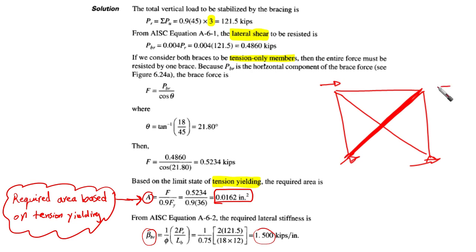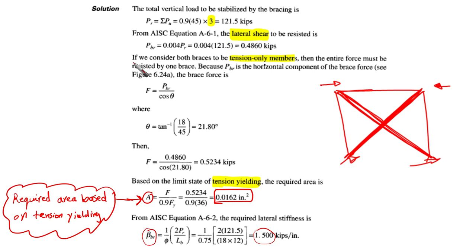And if it is going to move in the other direction, the other bracing is going to resist in tension. So we are going to neglect the contribution of the diagonal bracing in compression. All the lateral stability is going to be provided based on the tension behavior of the member.